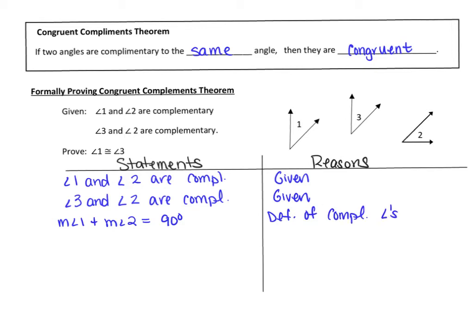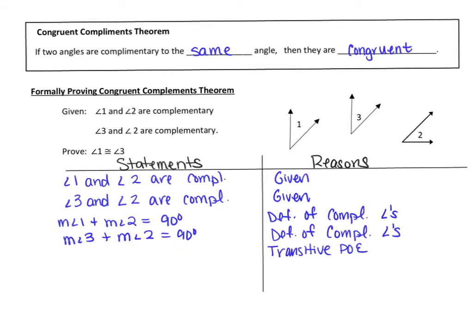And I can say the same with angle 3 and 2. So measurement of angle 3 plus measurement of angle 2 is equal to 90 degrees for the same reason. So if measurement of angles 1 and 2 equal 90, and measurement of angles 3 and 2 is equal to 90, what property is that? That is the transitive property of equality.